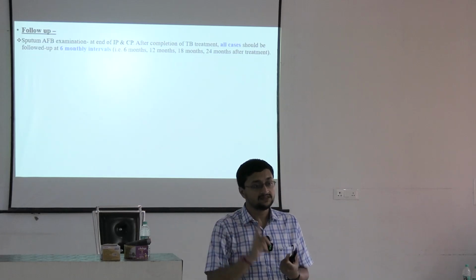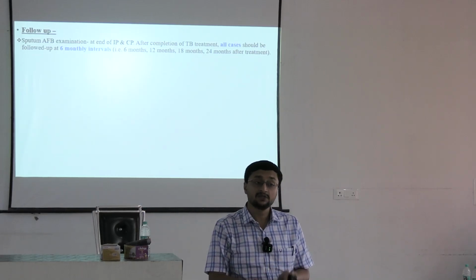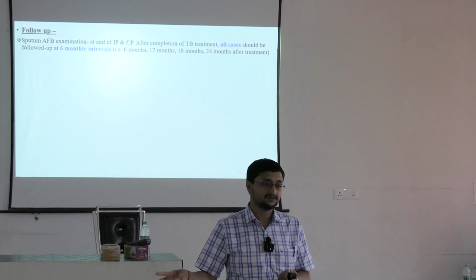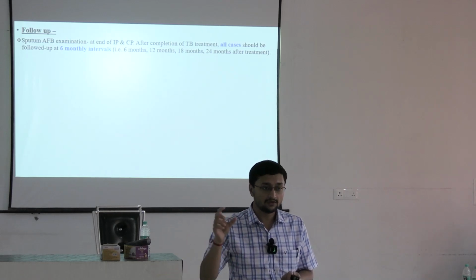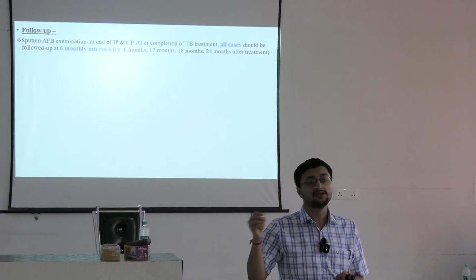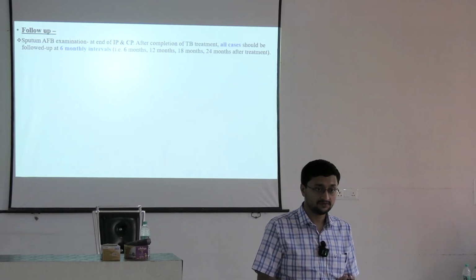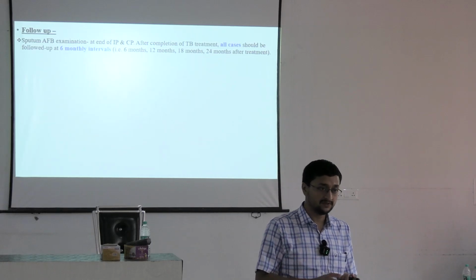That means after the end of CP, follow up after 6 months, after 12 months, and after 24 months also. This long follow up ensures the patient is not infected with TB again and is cured. There is no failure of treatment, right?